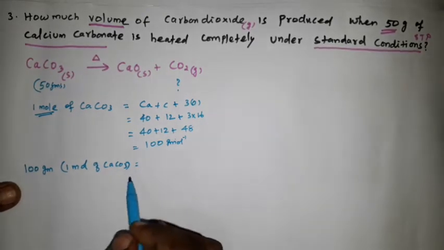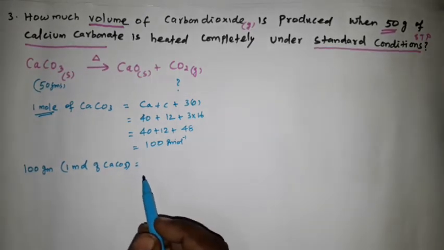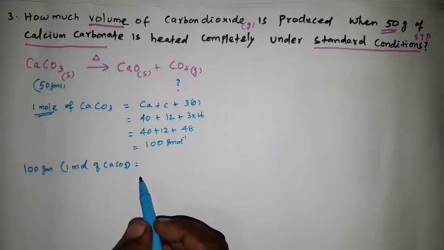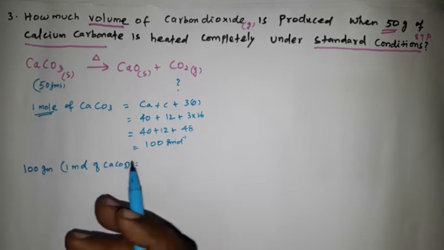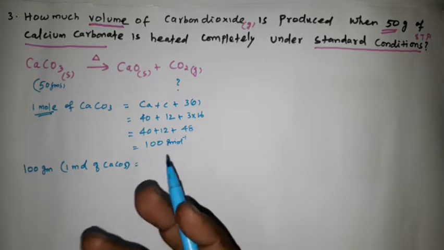Already you studied about molar volume. What is the meaning of molar volume? Molar volume means the volume of the substance, how much volume it will occupy for 1 mole.